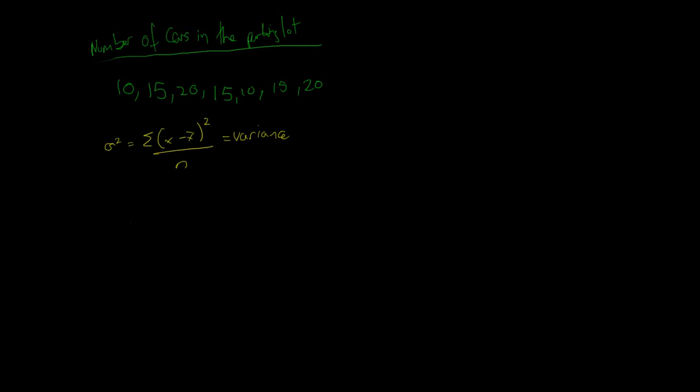So to begin with, I guess it's quite helpful to really draw up a table, and you can put your x values in one column, and we put our mean in the next column. In the next column we will put our x take our mean, and in the next column we'll put the squared values of those deviations.